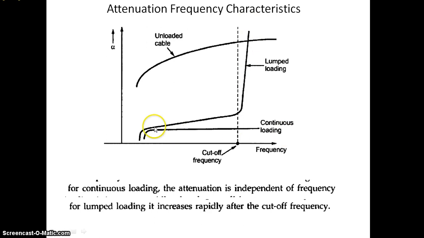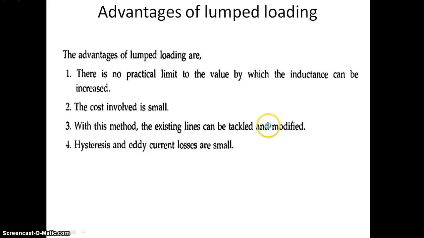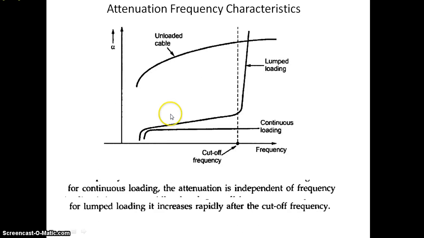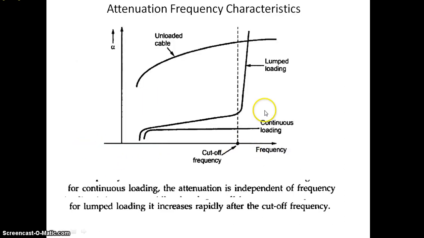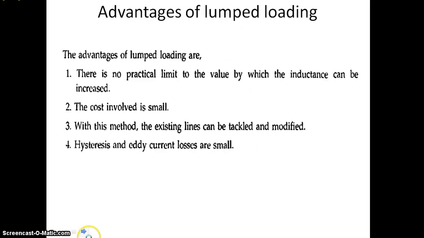So for constant attenuation over frequency we can go for continuous loading. The advantages of lumped loading are that there is no practical limit to the value by which the inductance can be increased, the cost involved is smaller than continuous loading, existing lines can be modified easily, and hysteresis and eddy current losses are small. But the disadvantage is that after the cutoff frequency, the distortion increases.